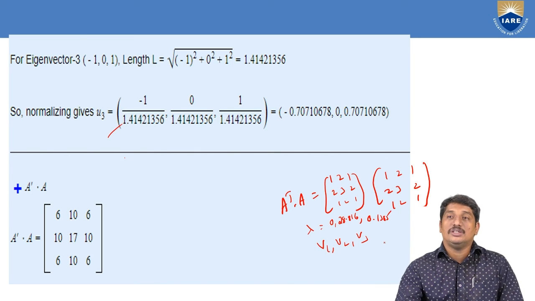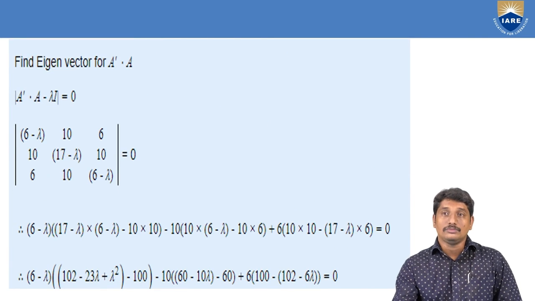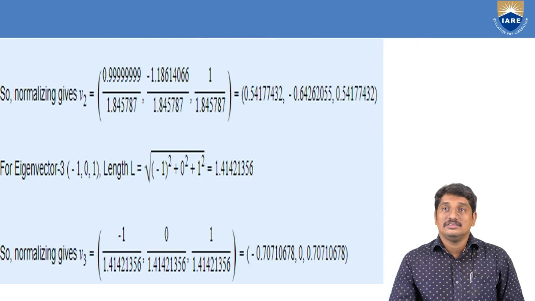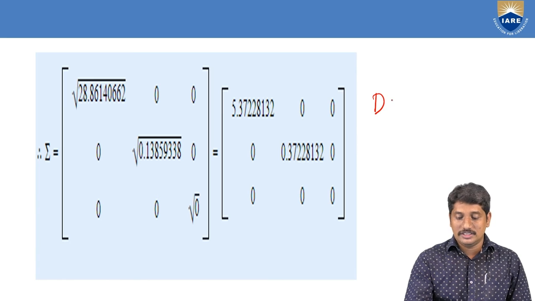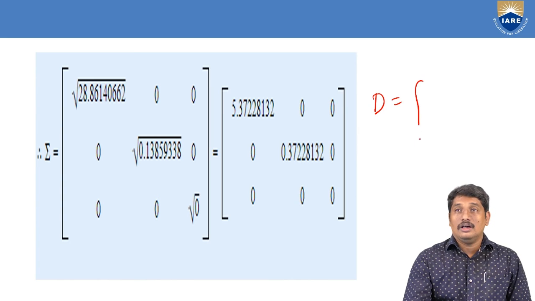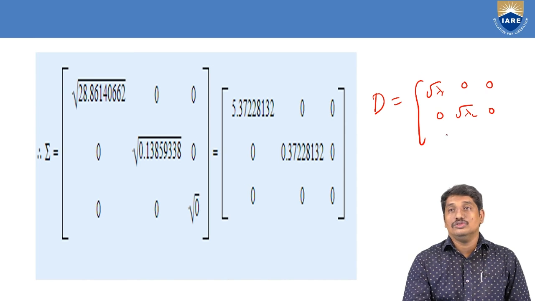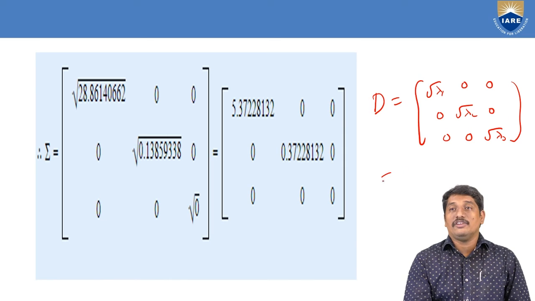Okay, so these are the same eigenvalues, and from the eigenvectors we get v1, v2. Now after getting this, we'll write the diagonal matrix D as root lambda 1, 0, 0; 0, root lambda 2, 0; 0, 0, root lambda 3. What are the eigenvalues we got?